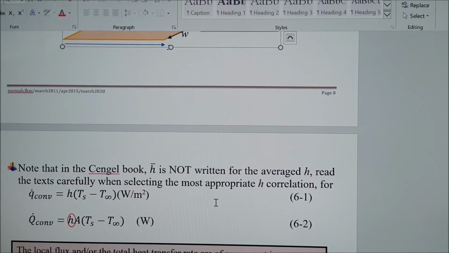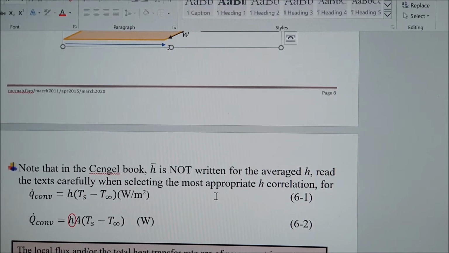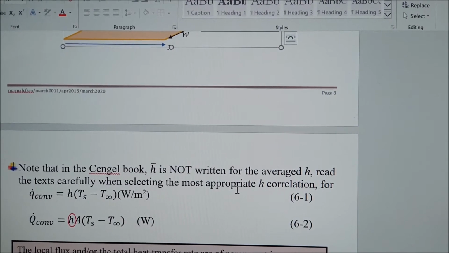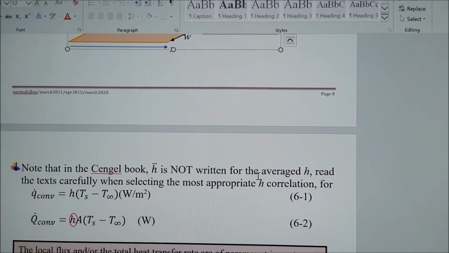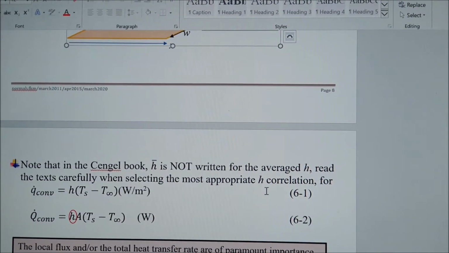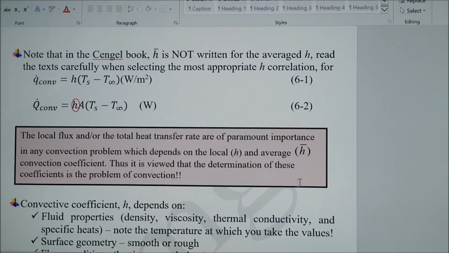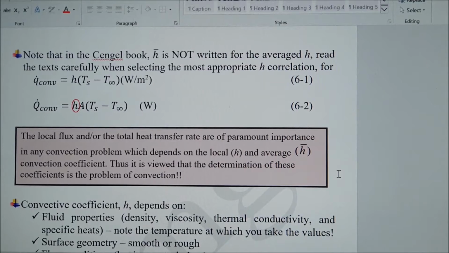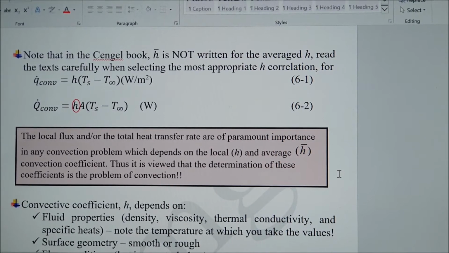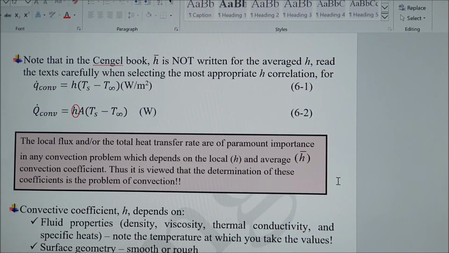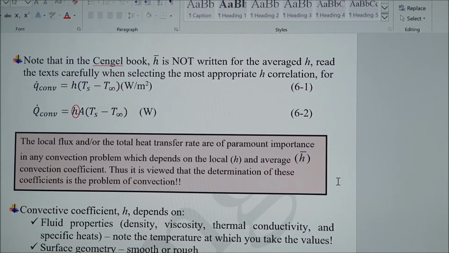So please read the text carefully when selecting the most appropriate H correlation for your heat transfer rate, as given in 6.1 and 6.2. If you have noticed here, the local flux or the total heat transfer rate are of paramount importance in any convection problem, which depends on the local H and the average H. Thus, it is viewed that the determination of this coefficient is the problem of convection.